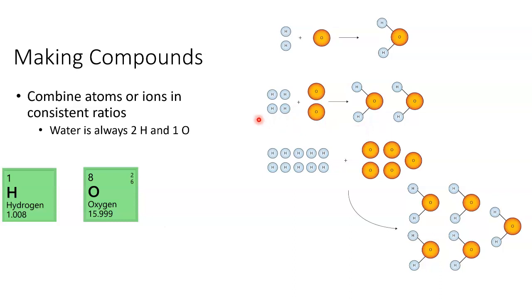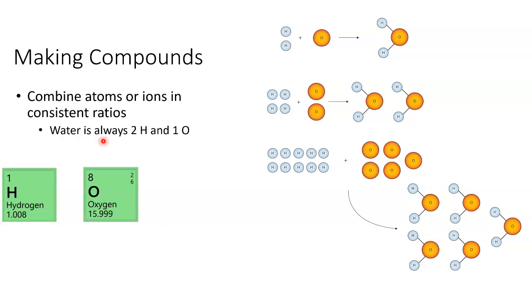We cannot see individual atoms of hydrogen and individual atoms of oxygen joining to make individual molecules of water. However, we do have an analytical balance, and we could weigh certain masses of these compounds, and we could also weigh the molecules here. So we have to think about, how are we going to do that?